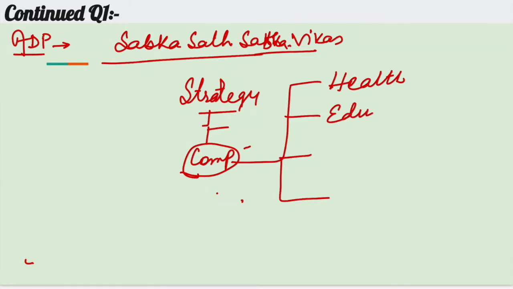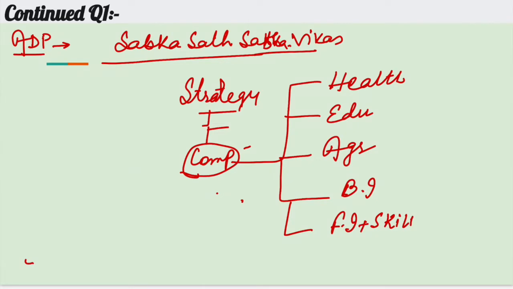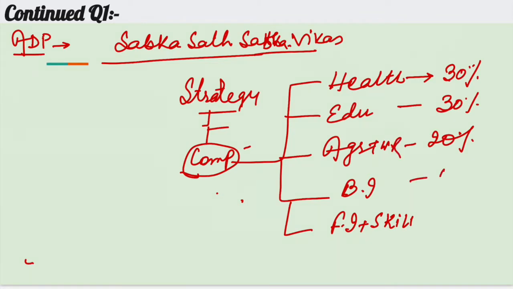The first is health, second is education, third is agriculture, fourth is basic infra, and fifth is financial inclusion and skill development. Now, in order to give the ranking, certain weightage has been allocated. 30% weightage has been allocated to health and education, 20% to agriculture and water resources, and 10% to basic infrastructure and financial inclusion. Now, you understood how the ranking is being given to these particular districts.